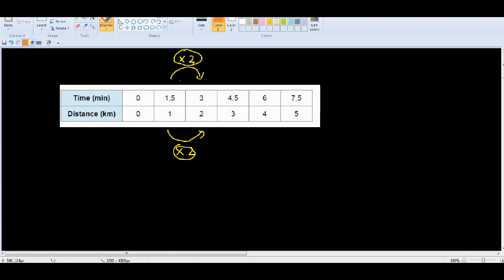This time we're more interested in looking at the relationship between the two quantities when we compare them, using time and distance. So let's say I try to divide one quantity by the other, then what happens? 1.5 divided by 1 equals 1.5. 3 divided by 2 equals 1.5 as well.